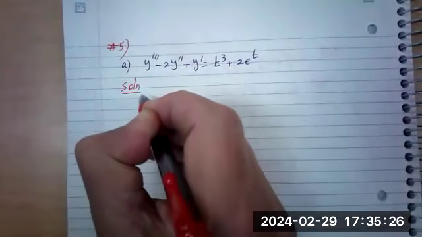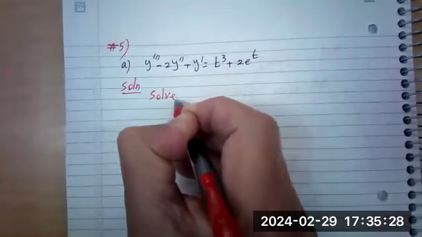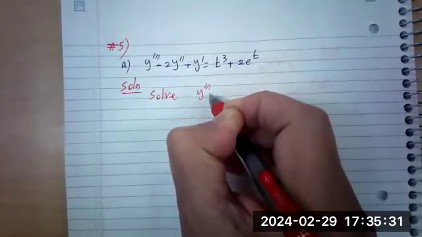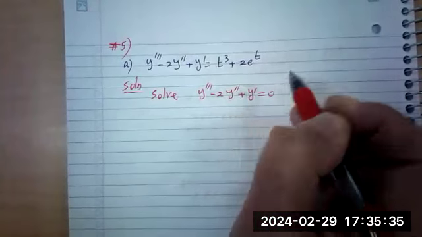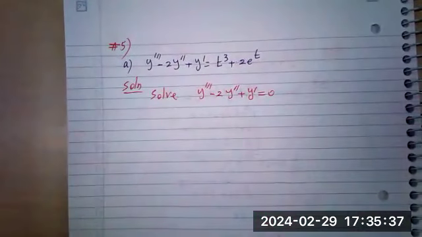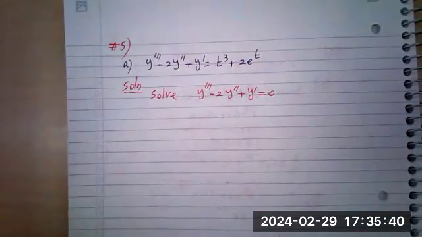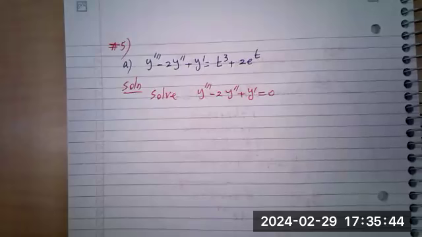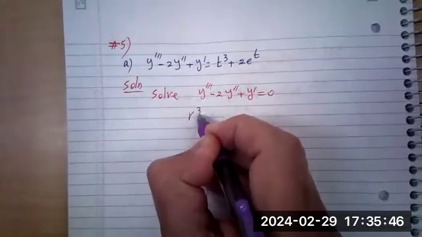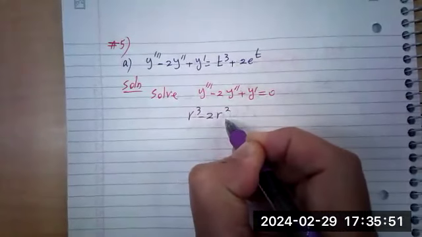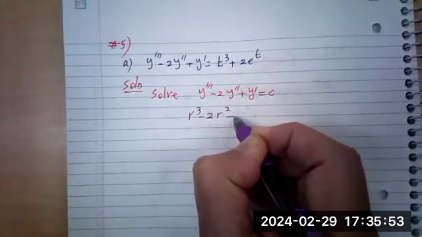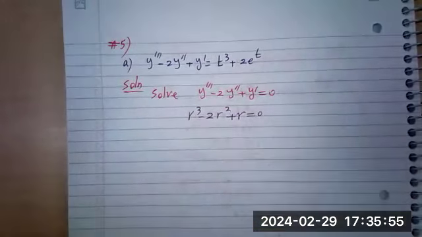Solve the homogeneous one, which is y triple prime minus 2y double prime plus y prime equal to 0. Carefully form your characteristic equation. What's the characteristic equation for this one? r cubed minus 2r squared plus r equal to 0, those primes would be the power of r.